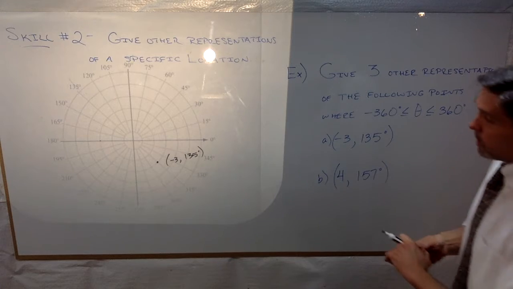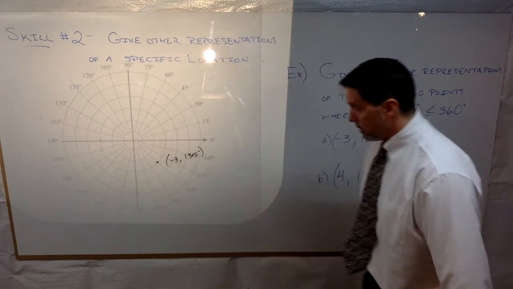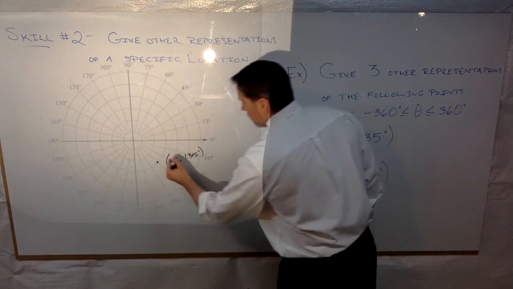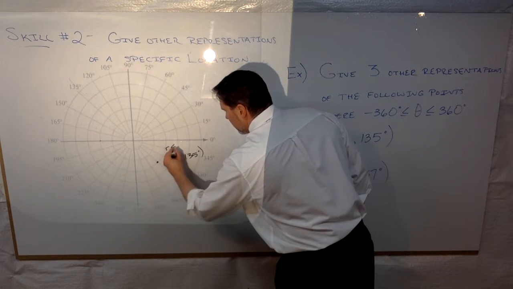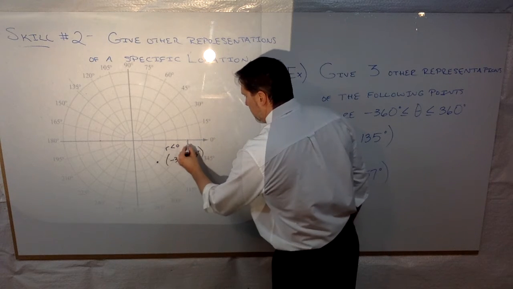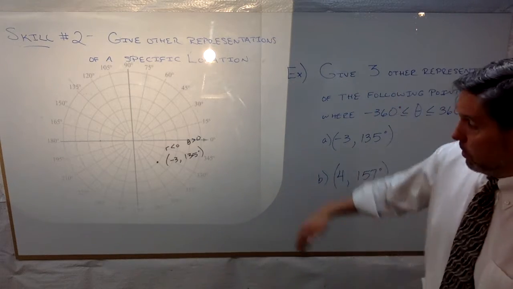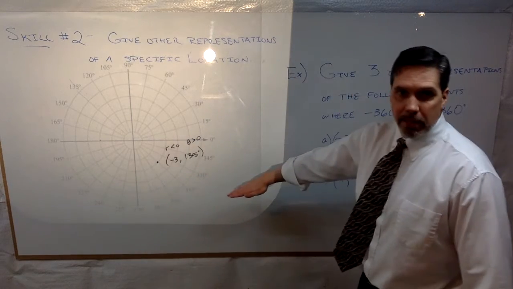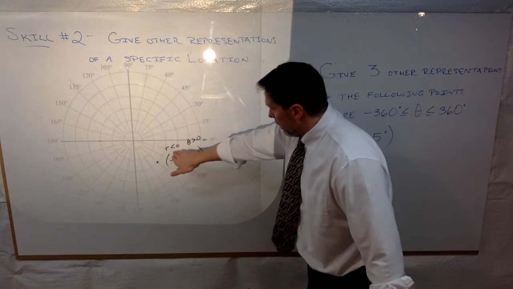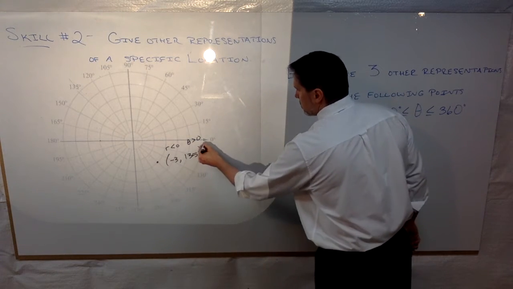So for these particular problems, I look at my r and I look at my theta. If you notice, I gave you an r that was less than 0. It was negative. I gave you a theta that was greater than 0. It was positive. So we're going to hit every other combination of this, meaning a negative r and a positive theta. Well, what are the other combinations?